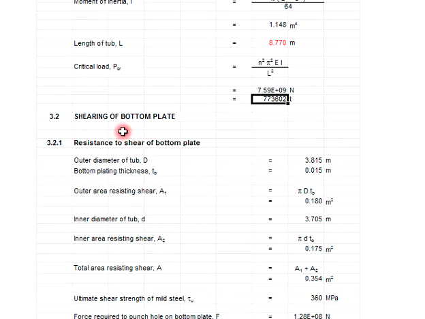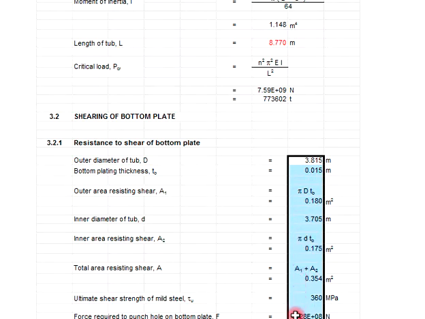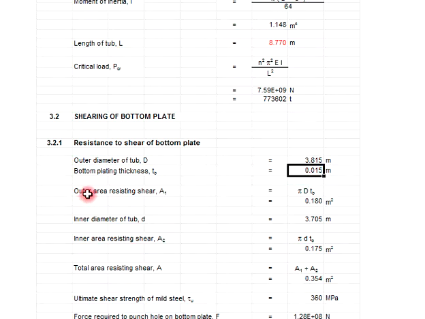Okay, so this is the setting of the bottom plate, the resistance to shear of the bottom plate. This formula is all automatic, you don't need to change it. The bottom plate thickness is from the top, as just now. Outer area resistance also has a formula. Inner diameter of tube also has the dimension.